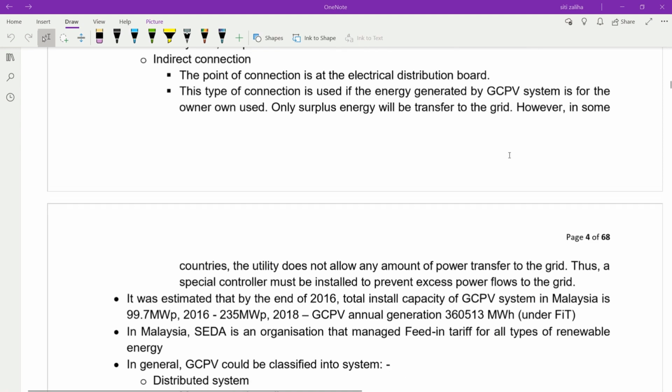However, for the second statement, in some countries, the utility does not allow any amount of power transfer to the grid. In Malaysia, we call this scheme SELCO, self-consumption. To prevent this surplus energy from being transferred to the grid, they need a special controller.